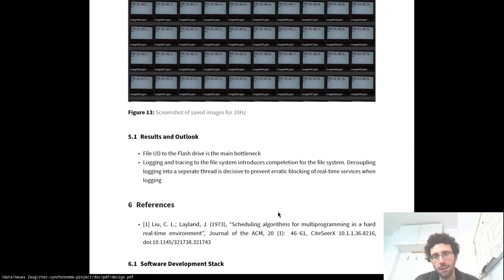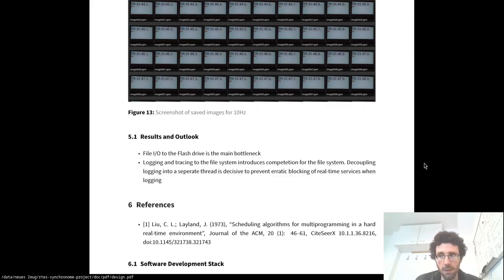The main observations are that, of course, for such a system, file system access is actually the bottleneck. That's because writing into flash storage is really slow. And my personal learning is that this also applies to writing into the system log files.